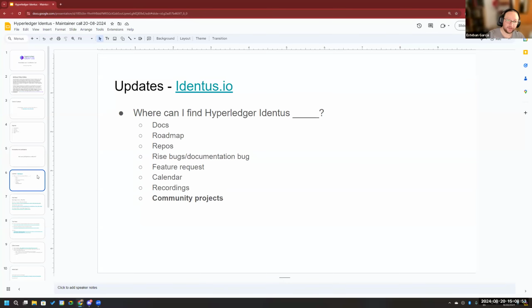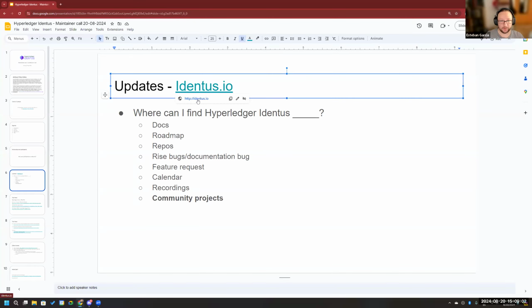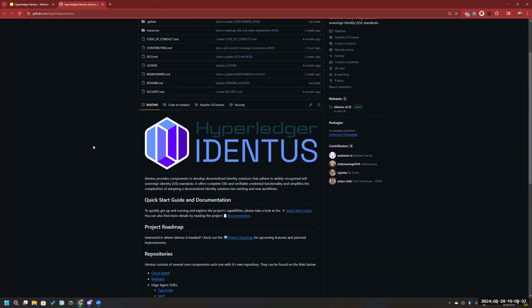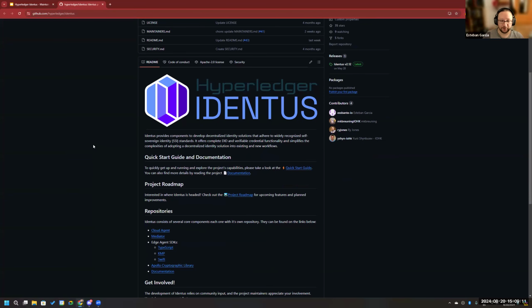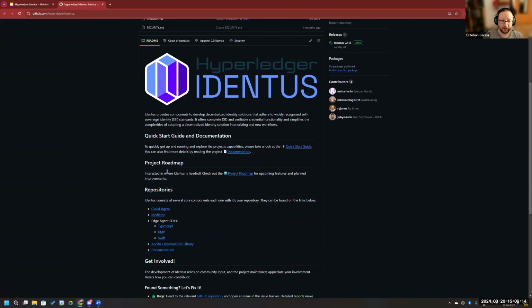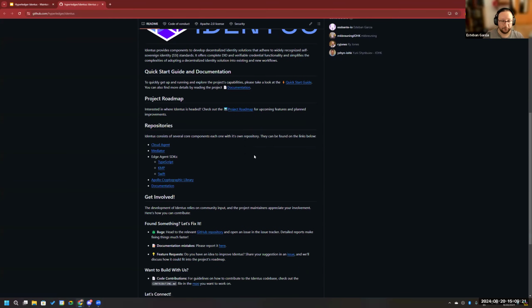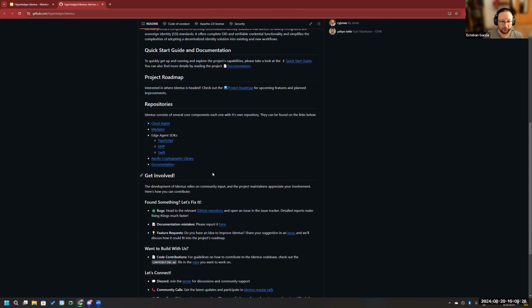Just a reminder that we have the identus.io domain redirecting to the main Identus GitHub repository. So the idea here is that you are going to find very quickly the links to all the relevant things that people are normally looking for. Here are the links to the quick start guide, the documentation, and the project roadmap that we need to update. Here are the links to the repositories in case you want to dig into that.